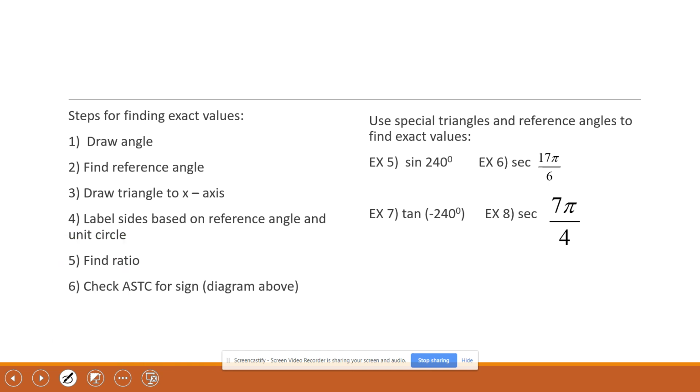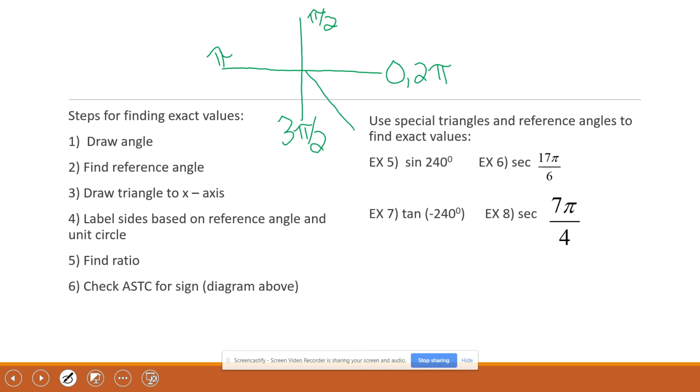Example 8, 7 pi over 4. That's a positive angle, so we're going counterclockwise. Fill in my radian measures. 7 pi over 4 is more than a half, or 1.5. 7 pi over 4 is here.